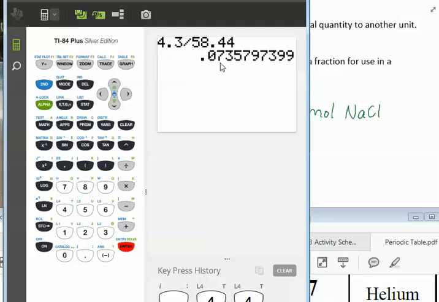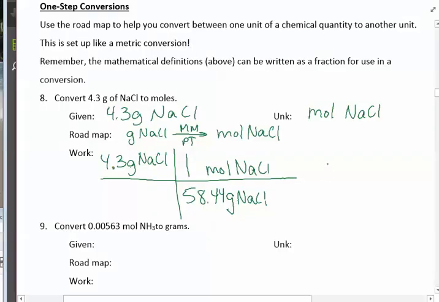You find your first non-zero, which is 7, and then count however many sig figs you need from there. If it's absent, you do the opposite. You start on the right and work your way to the left. So we're going to have 7, 4 as our answer here. So we're going to have 0.074 moles of NaCl.